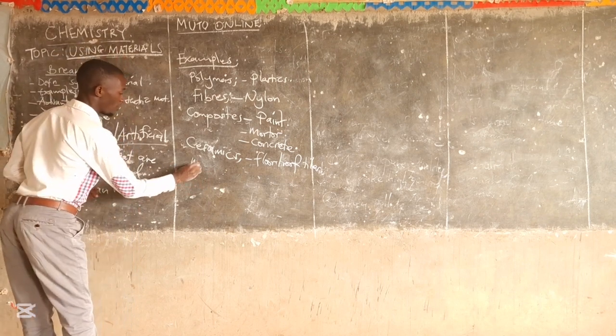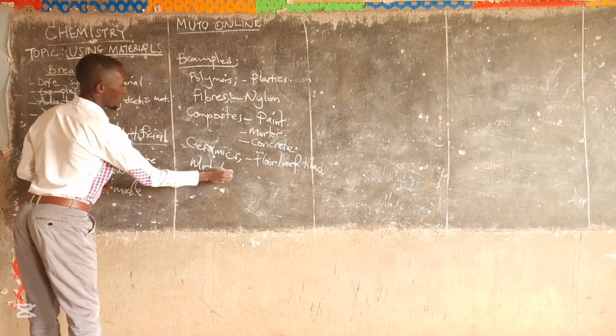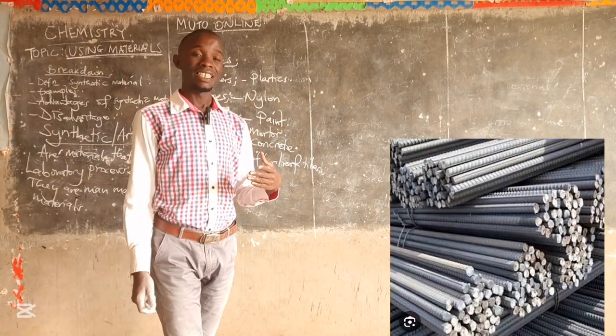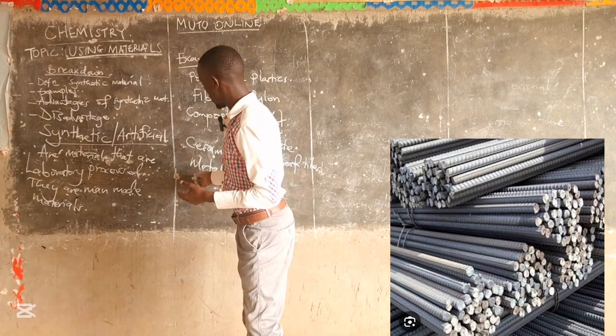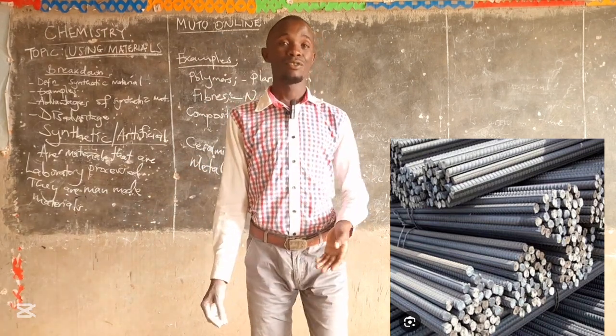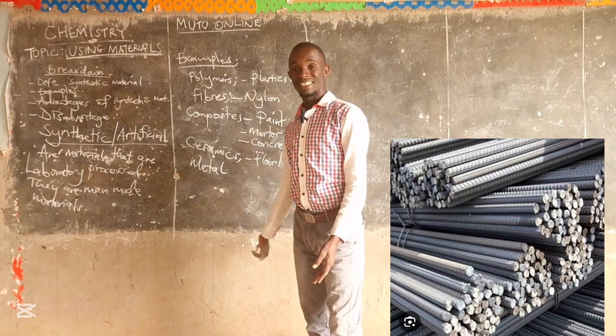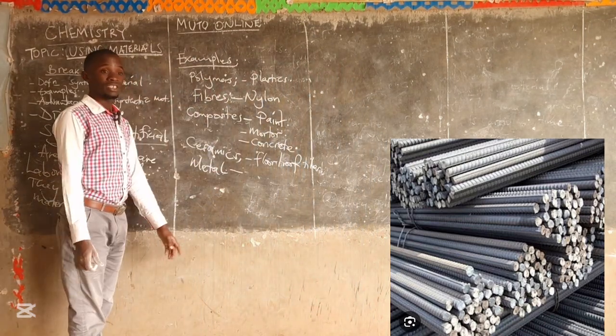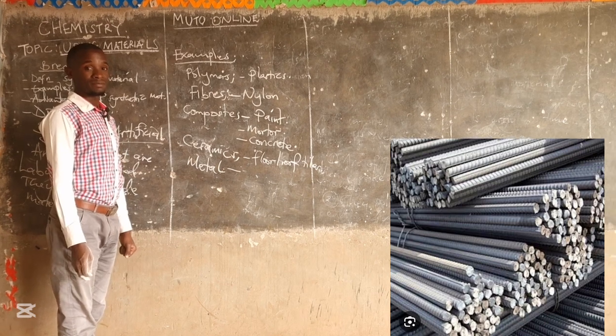We have the likes of metals. We classify metals as synthetic materials because in their natural form, they are not pure. They are purified by man through laboratory processes. So we classify metals as synthetic materials for that reason.